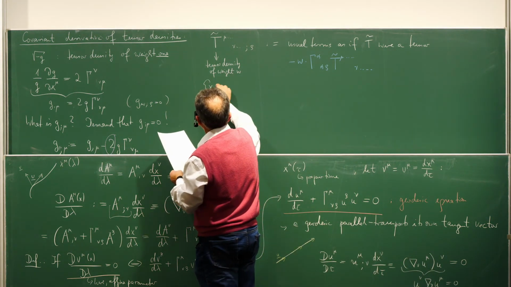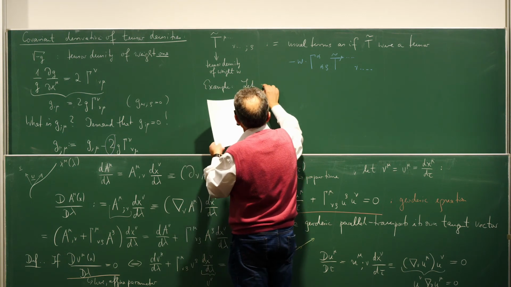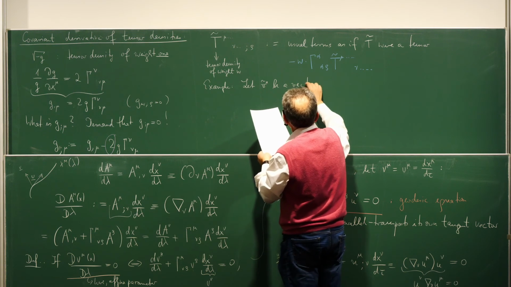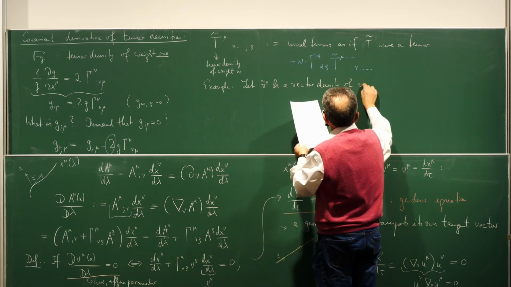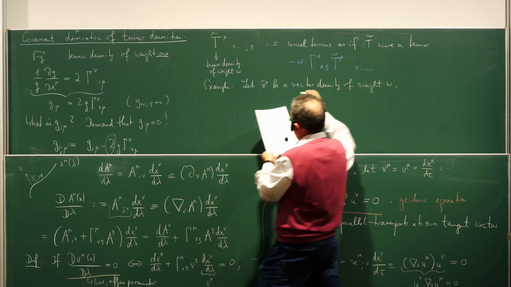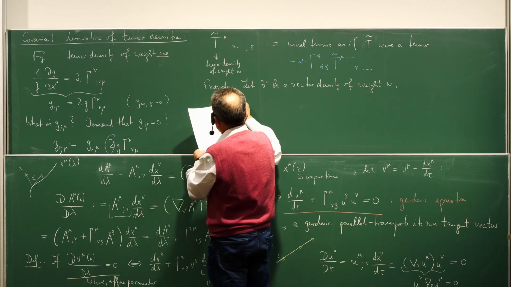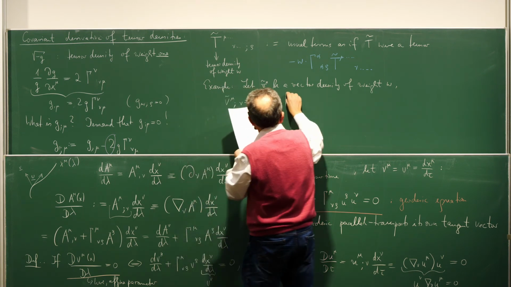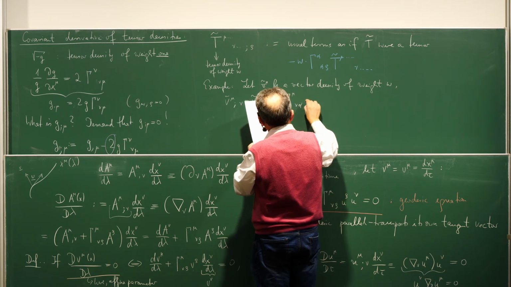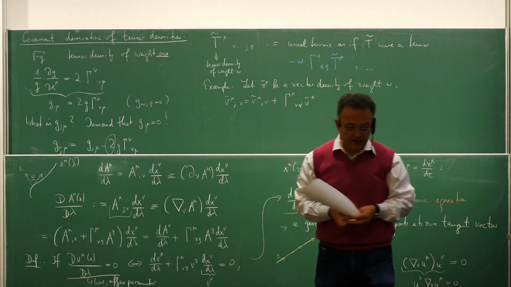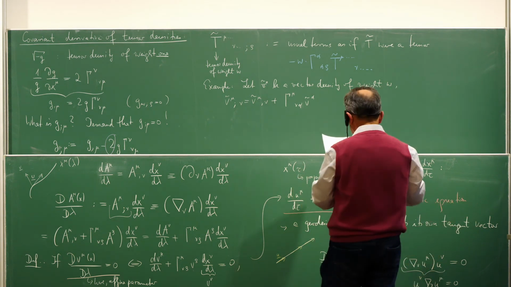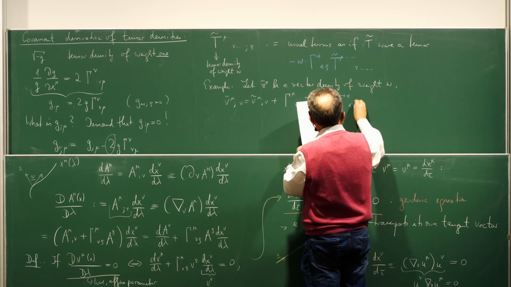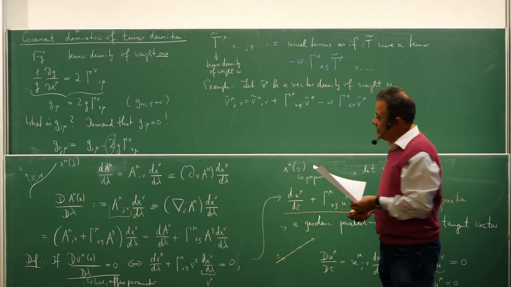So, example: let v tilde^μ be a vector density of weight W. Then we have v tilde^μ_{;ν} is v tilde^μ_{,ν} plus Γ^μ_{να} v tilde^α, and we have the additional term minus W times Γ^α_{αν} v tilde^μ, from the general definition.